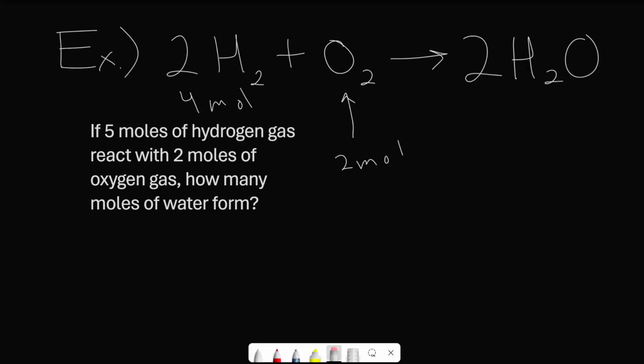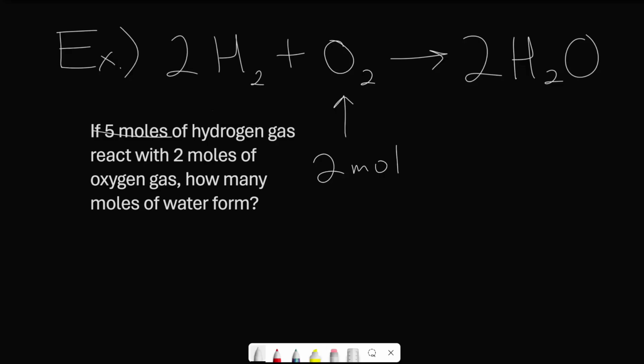It's quite simple when you understand the concept, but in practice, when the numbers are not so nice like this and the ideas are more implicit and you're under time duress, it might not be so easy. So we practice like this. In this case, I know that the oxygen is the limiting reactant, and we have 2 moles of this. And I don't care about the 5 moles of hydrogen gas because it's excess.